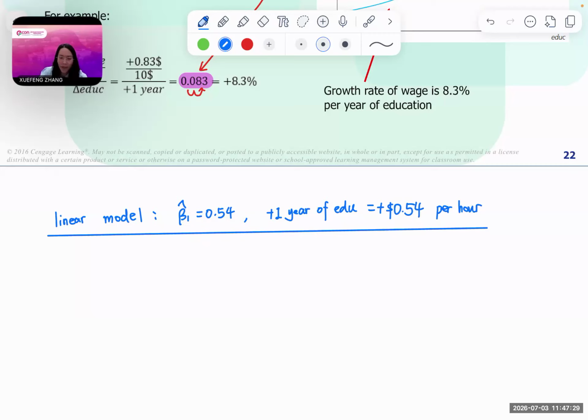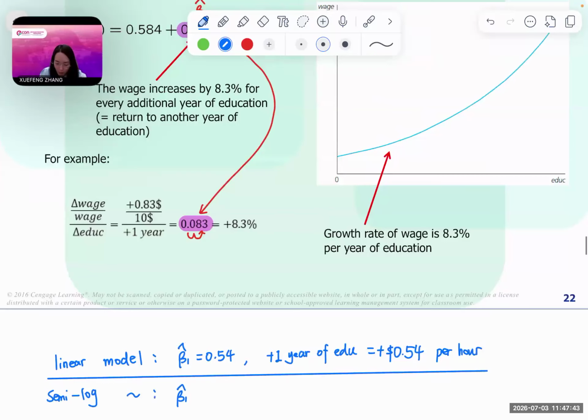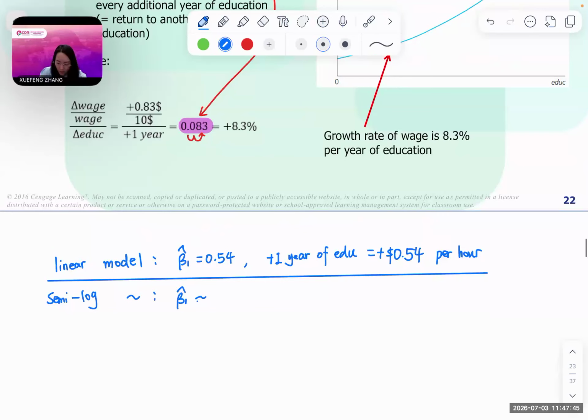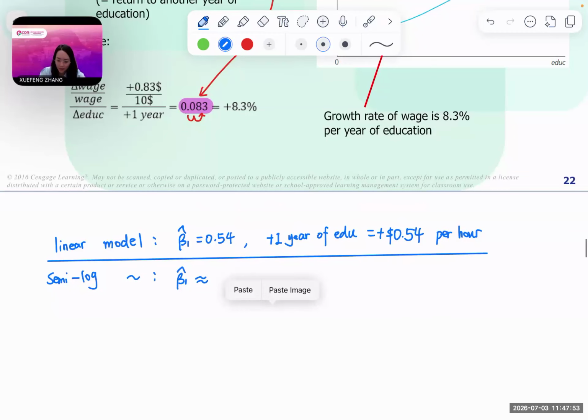But right now we have the log model, semi-log. So our beta 1 is approximately, because actually 0.083 is very small, so let's take the approximation, approximately 0.1, right?